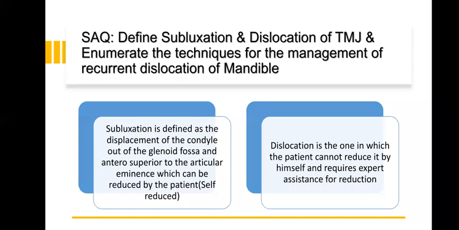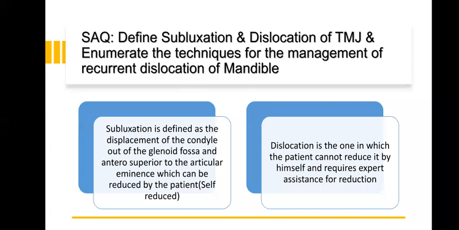So coming to the last SAQ, that is: define subluxation and dislocation of the TMJ, and enumerate the techniques for the management of recurrent dislocation of the mandible. Subluxation is defined as the displacement of the condyle out of the glenoid fossa and anterosuperior to the articular eminence, which cannot be reduced by the patient.